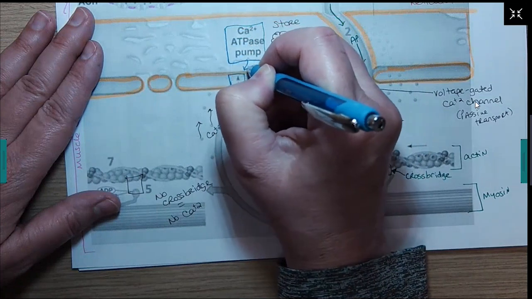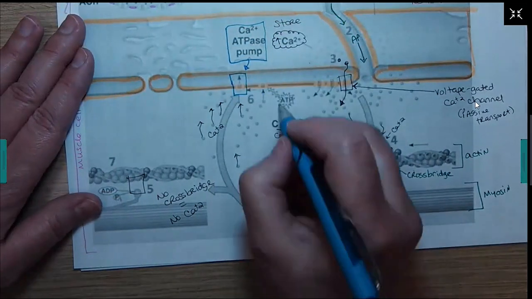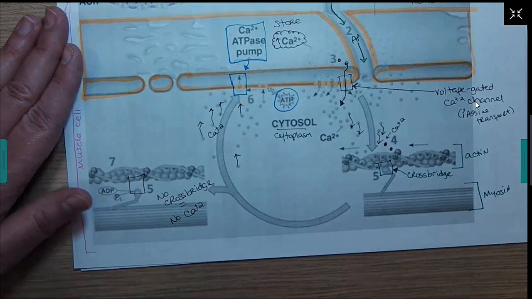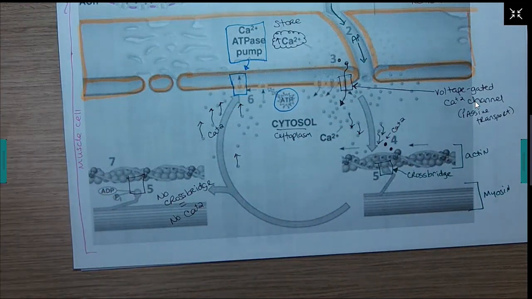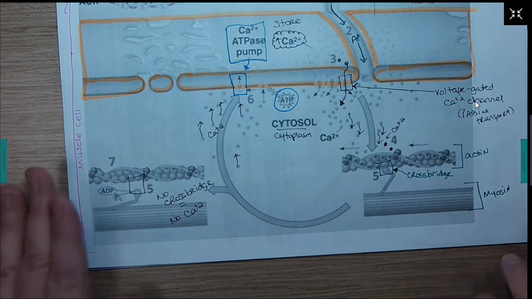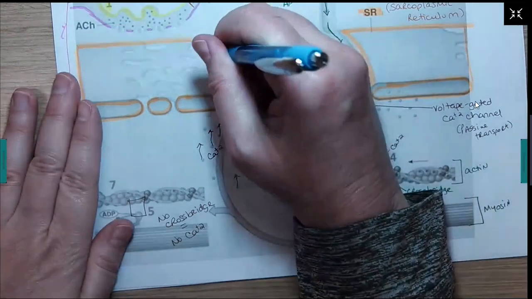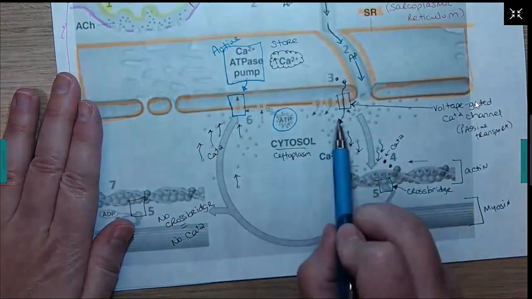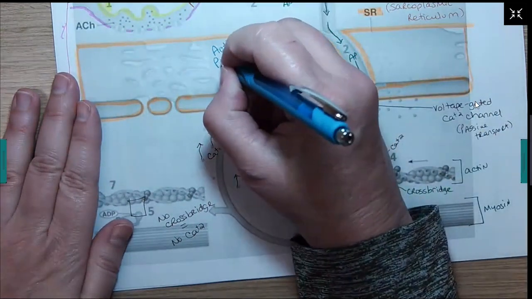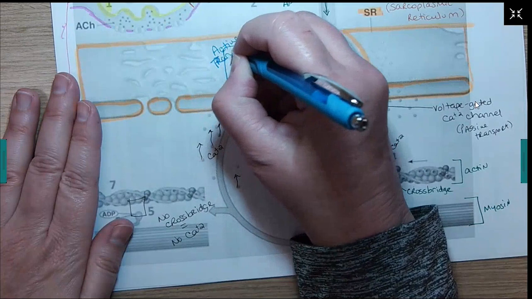It requires ATP to put them back into the sarcoplasmic reticulum. So we're just going to keep recycling the calcium. When we're not using it, it goes back into the sarcoplasmic reticulum, but we have to push it back using an ATP-powered pump. This is active transport, if y'all remember that. The ATP requirement means it's active transport.